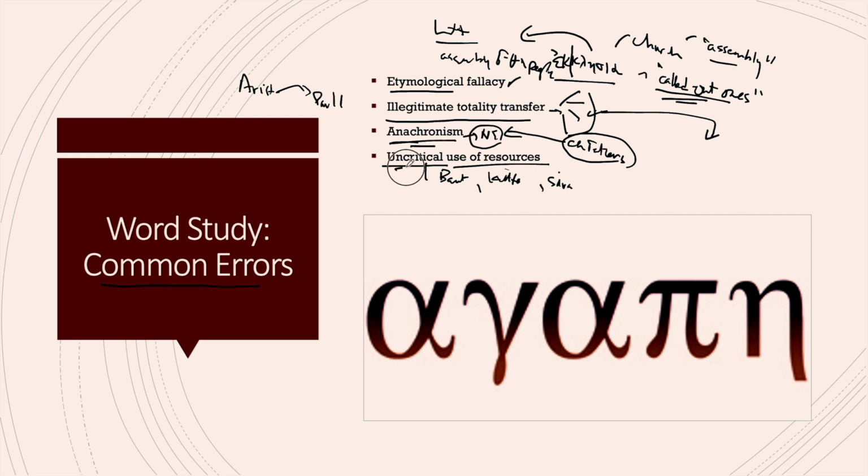So don't engage in uncritical use. Always have your thinking cap on, and always think about the text and the word that's being used, and question what you're reading. Okay, well, that's everything about Greek word studies.